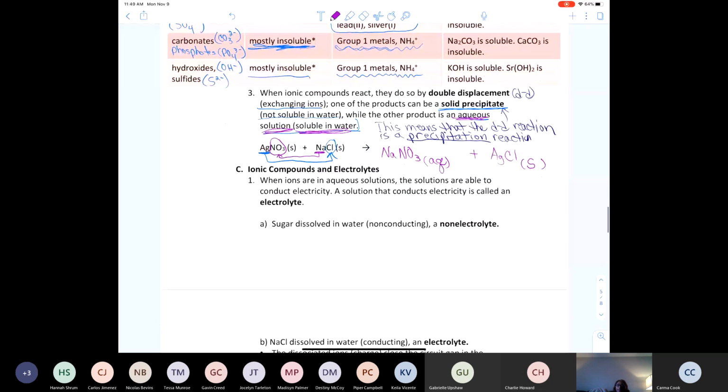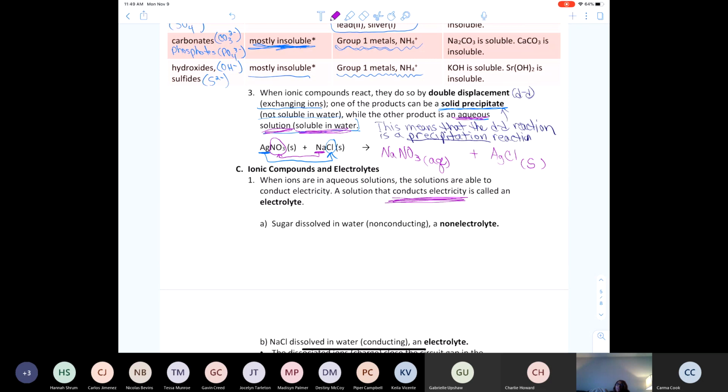And so I stated earlier that ionic compounds are electrolytes. An electrolyte is a solution that has dissolved ions in it, and therefore it is a solution that conducts electricity.